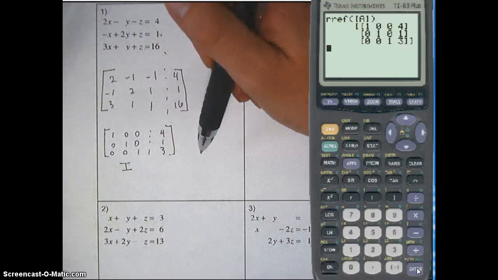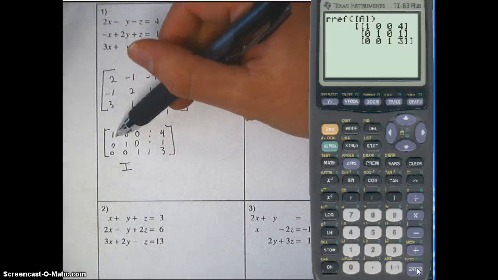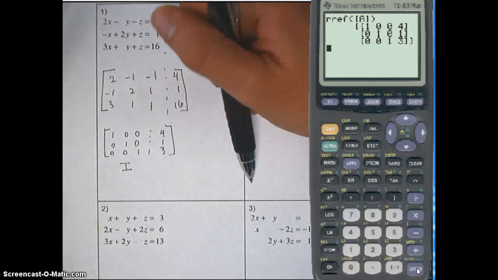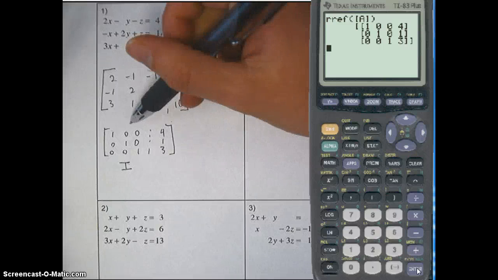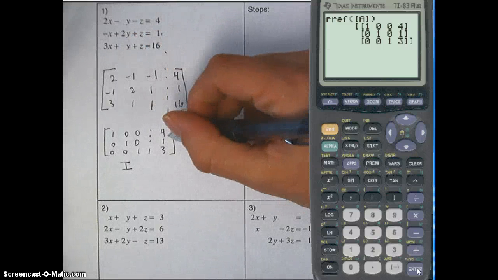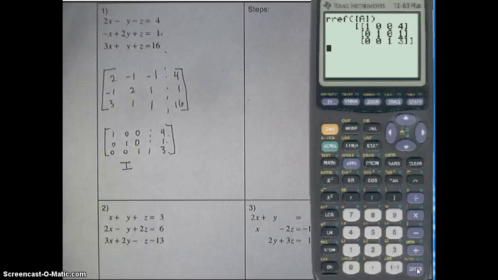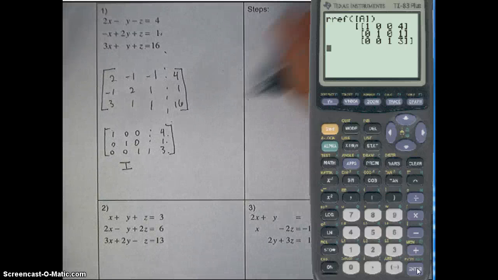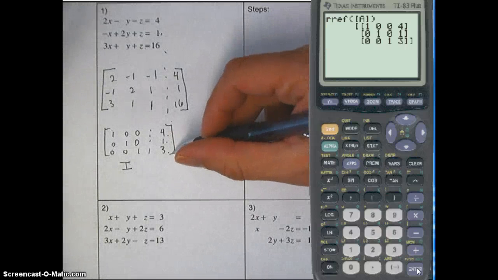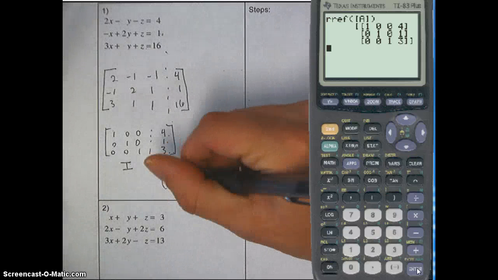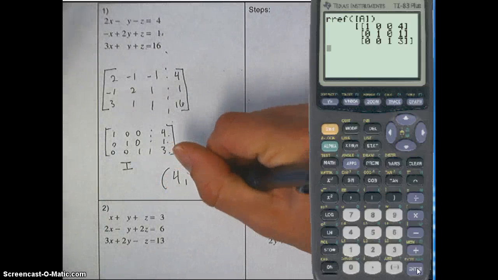If you see anything other than the identity matrix, you don't have an answer. But in this case, we do. The 4, the 1, and the 3 are the solution: your x, your y, and your z. So the answer here is 4, 1, 3.